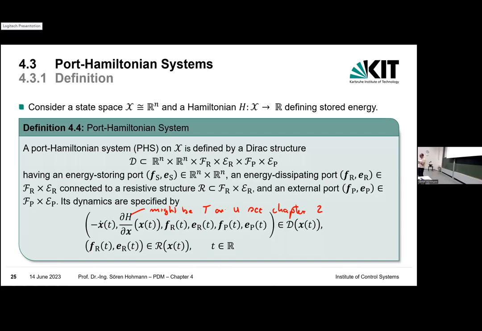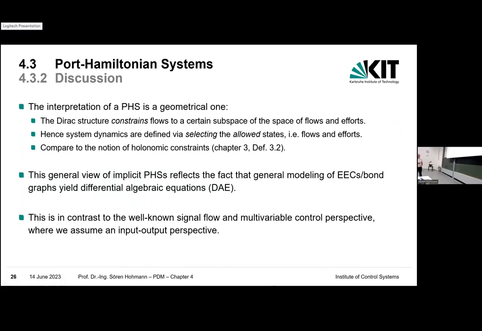And these are somehow reducing the space or reducing the number of variables. And here we put it in a more formal way and say, okay, dynamics is completely governed by means of the storage. And what are the constraints? They are the resistive part as well as the direct structure, so the routing part.